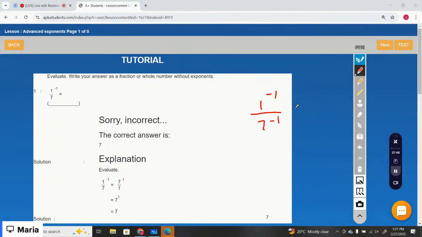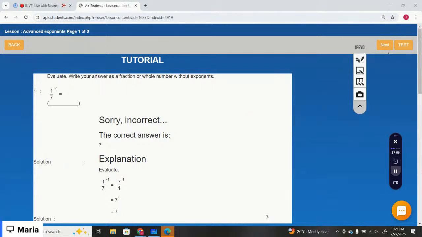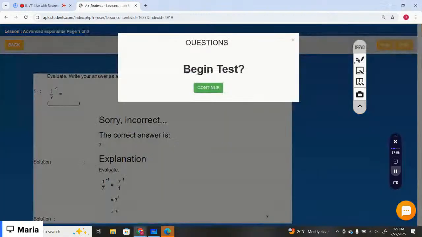That is 1 exponent negative 1 is 1, and 7 exponent negative 1 you have to shift it to the numerator, that would be 7 exponent 1. Let's just start with the test questions.